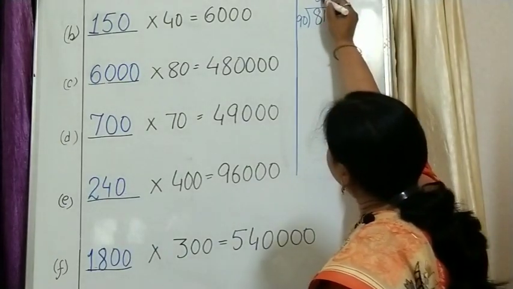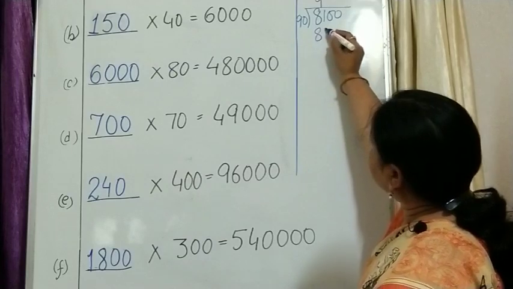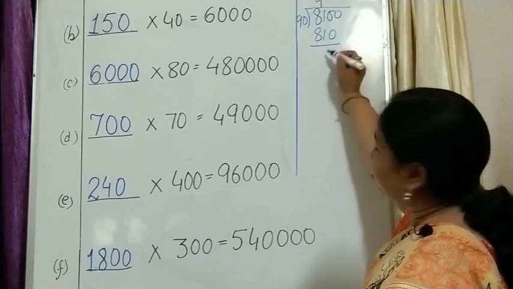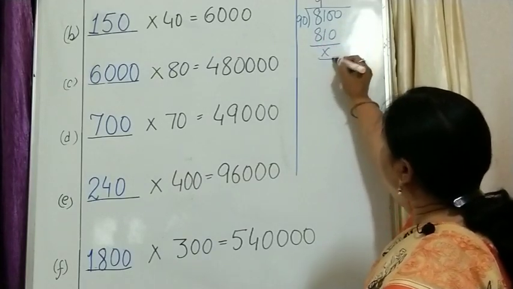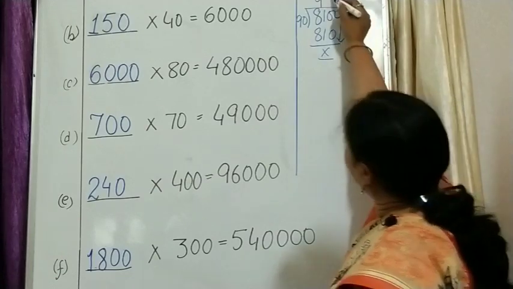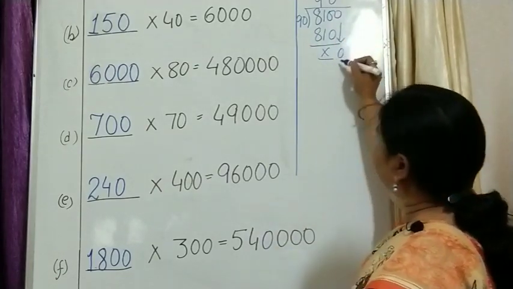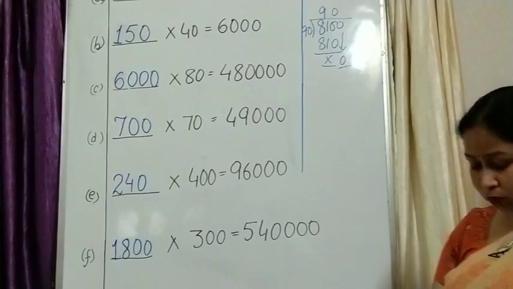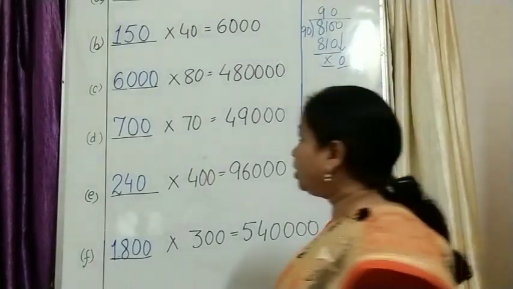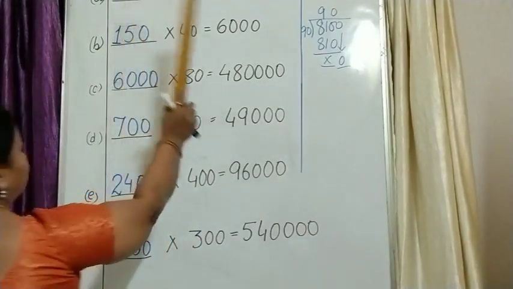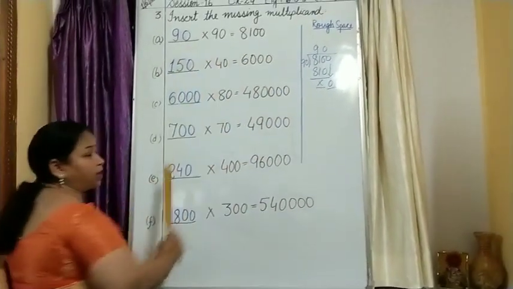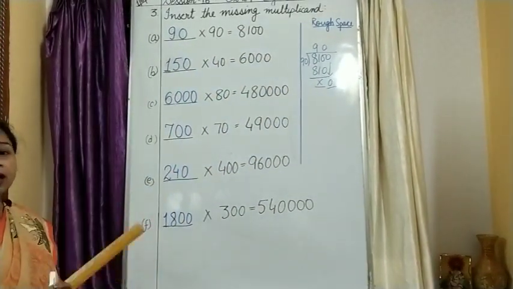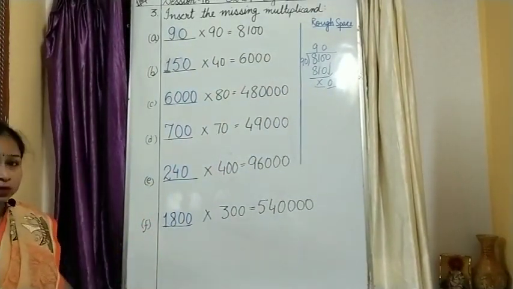Now if I place 9 over here, what will I get? 810. Got it? What about the 0? 0 will be placed over here. Understood? So whether you do it by the trick method or you divide it and get your answer, both ways you can do it as it is easy for you.